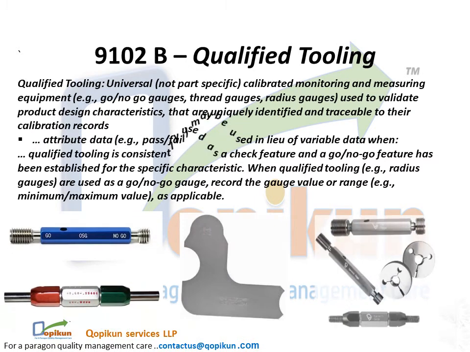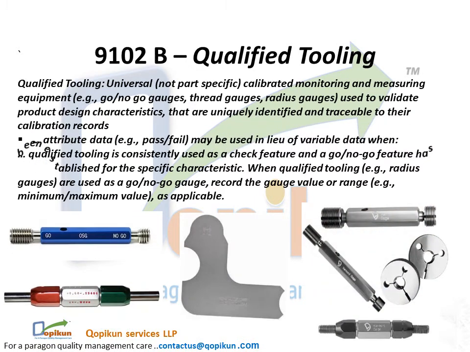Attribute data, for example pass/fail, may be used in lieu of variable data when qualified tooling is consistently used as a check feature and a go/no-go feature has been established for the specific characteristic. When qualified tooling, for example radius gauges, is used as a go/no-go gauge, record the gauge value or range, for example minimum, maximum value, as applicable.